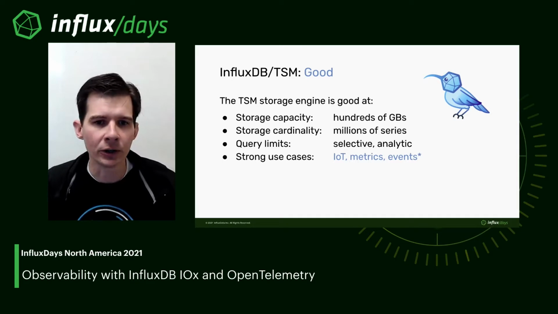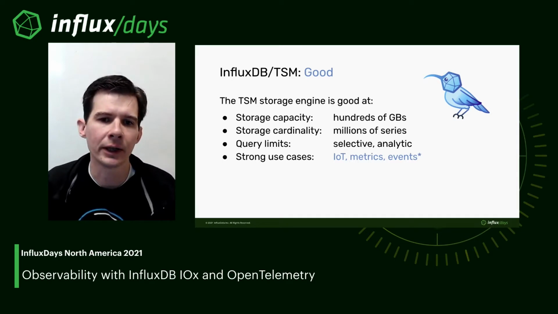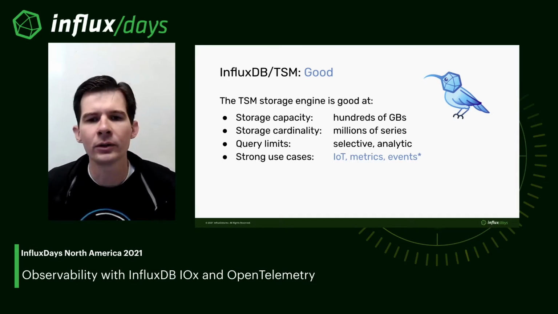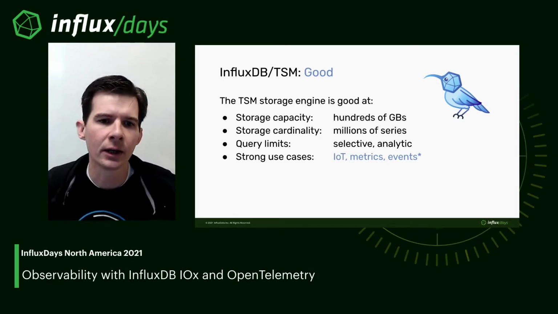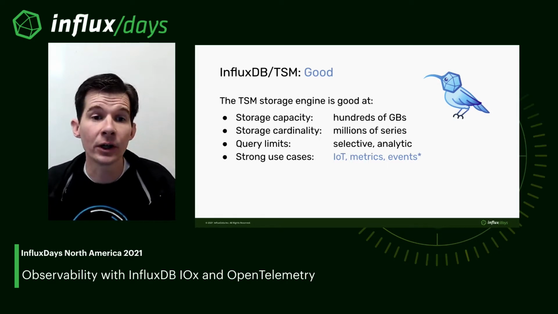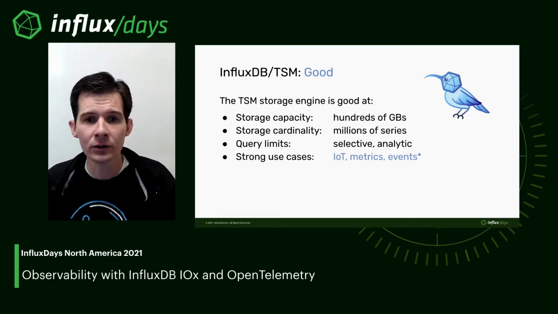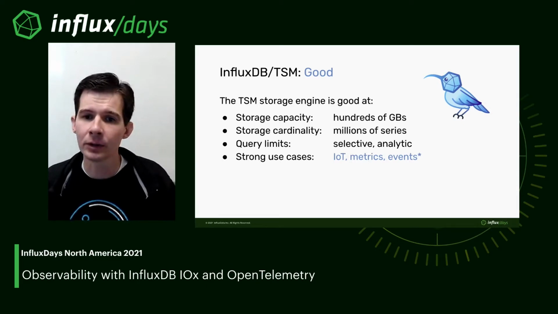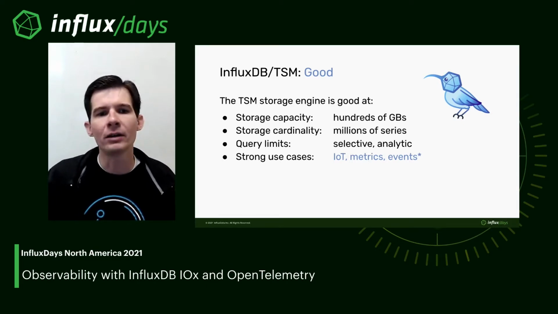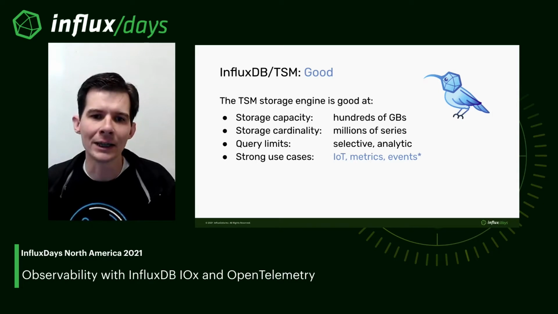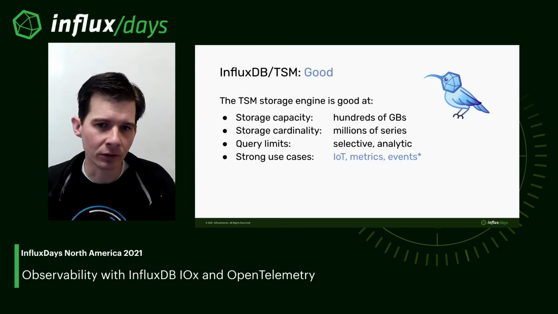Strong use cases include IoT, metrics, and events. And I've put a little star next to events here because TSM is a very good way to store event time patterns, like data with irregular time intervals. But some event patterns imply cardinality that exceeds best practices for TSM.